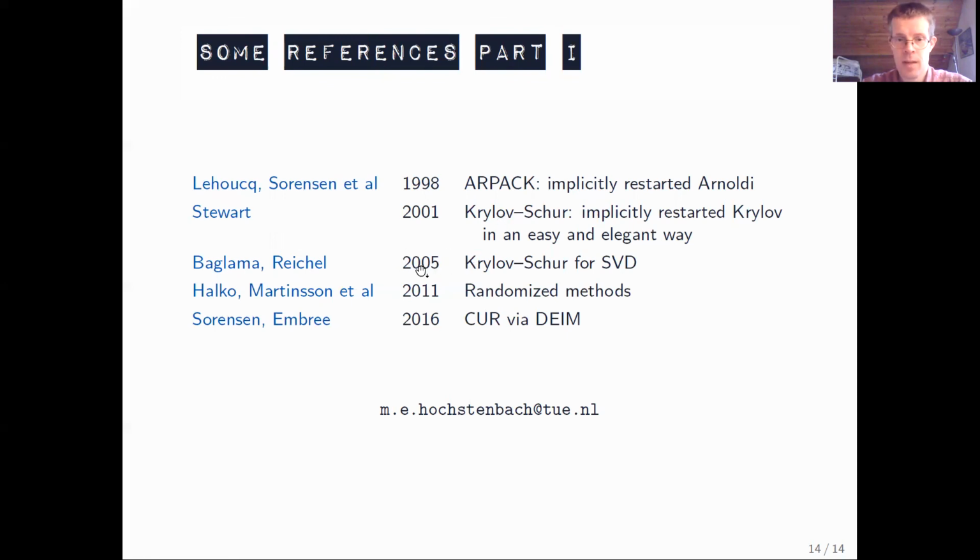This is the nice implementation on which SVDS in MATLAB is based, but also RSVD in Python, for instance. Yeah, the randomized method. There's a nice review paper of 10 years ago in SIAM Review. This paper is cited a lot, but it's just a review paper, and there's much more.